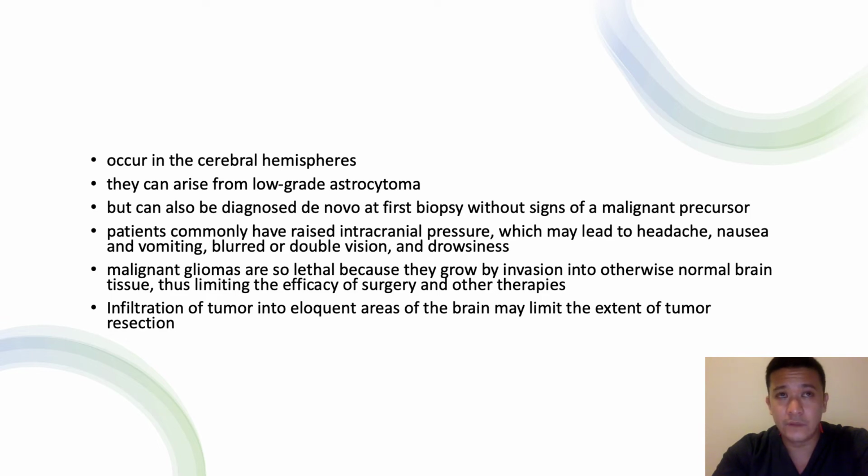Even when using a microscope, it may be difficult to excise these tumors without the guide of 5-ALA. Infiltration of tumors into eloquent areas of the brain may limit the extent of tumor resection.